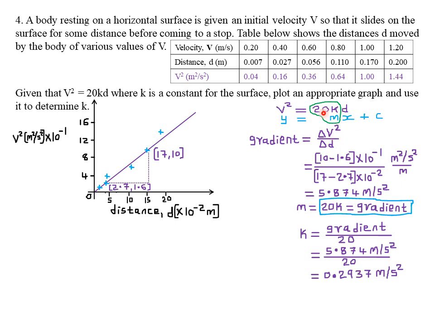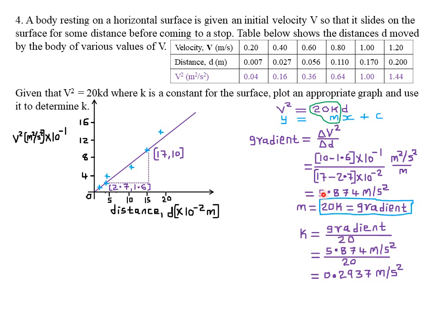Therefore, m is equal to 20k, and we know that m is equal to the gradient. That is from mathematics. M usually represents the gradient of your graph. C is usually the value of the y-intercept. Therefore, if I pick this equation alone, 20k is equal to the gradient, and I make k the subject of the formula because I'm asked to find the value of k, so k will be equal to gradient divided by 20.